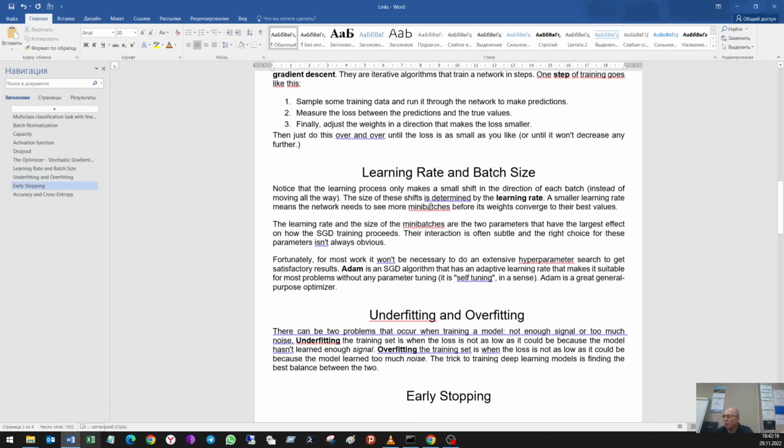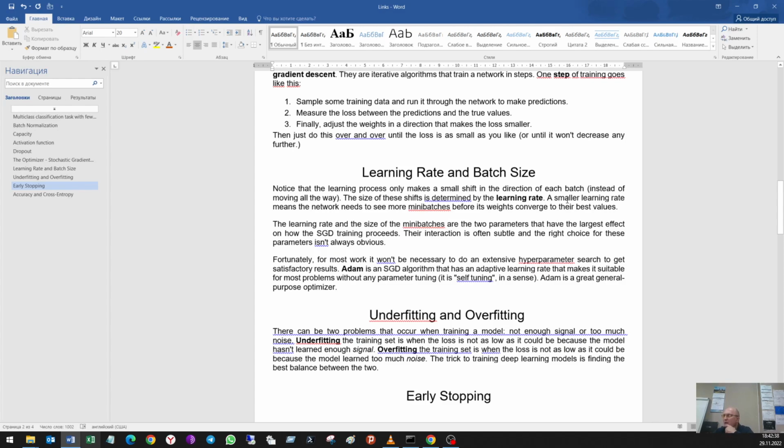So some words about this. Learning rate and batch size. Notice, please, that the learning process only makes a small shift in the direction of each batch instead of moving all the way. The size of these shifts is determined by the learning rate.